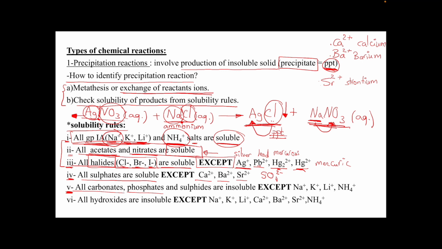The last rule in solubility rules says that all carbonates, phosphates, sulfides are insoluble except sodium, potassium, lithium, ammonium. كل الكربوناتس والفوسفيتس والسلفايدز are insoluble ما عدا الاينز اللي مذكورة في الرول نمبر 1 اللي هم الصوديوم والبوتاسيوم والليثيوم والامونيوم. تمام كده؟ يبقى الرولز ما فيش تعارض ما بينها.